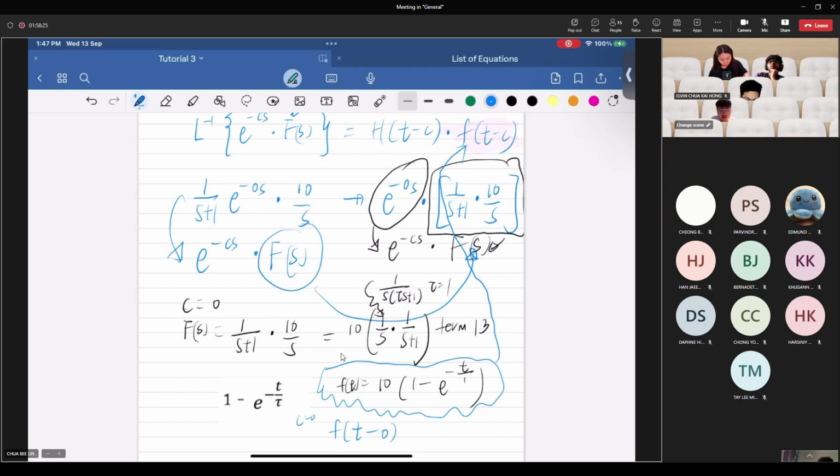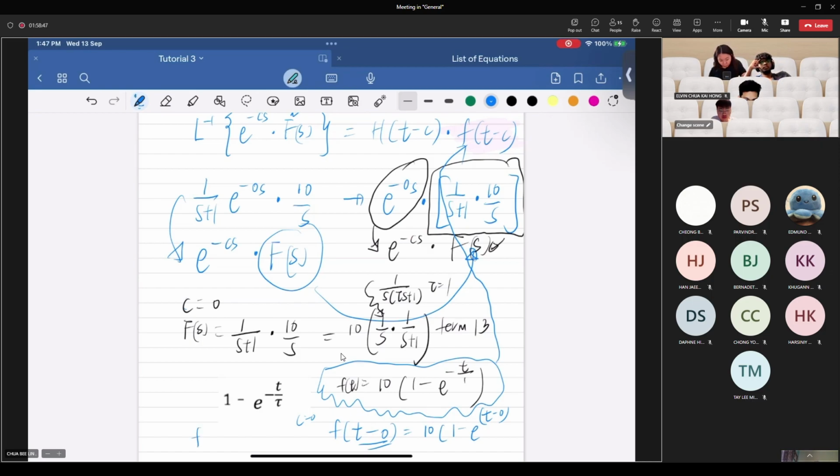So I just put 0. Because c is 0, you do not touch anything. It will be 1 minus e, then your t, if you remember function, right, it will be t minus 0, the whole thing there. You just keep t minus 0 so that you understand.